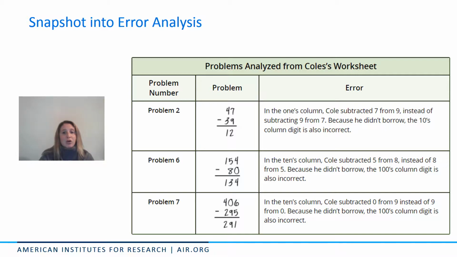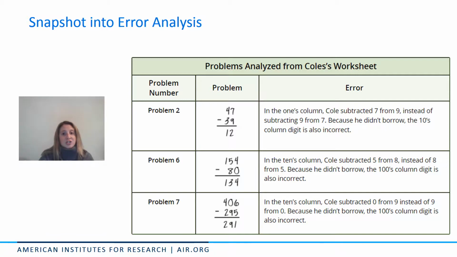In the example of Cole's problems analyzed, this could be used by a general educator to differentiate the instruction if the students are learning about regrouping and this content is grade level appropriate. They may need to provide Cole with more opportunities to regroup within place value using concrete and representations in connection to the subtraction standard algorithm.